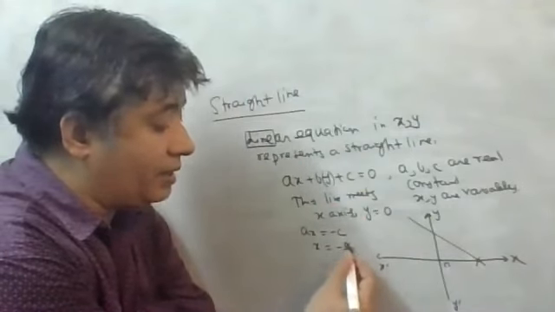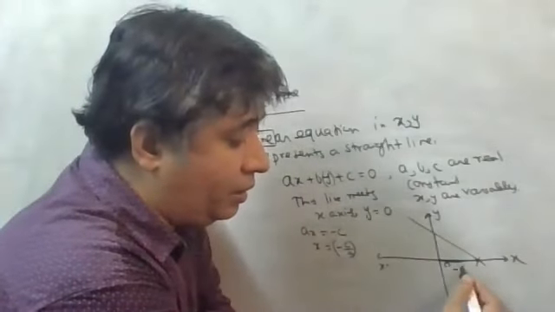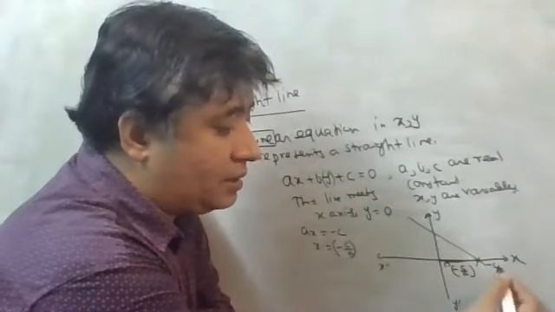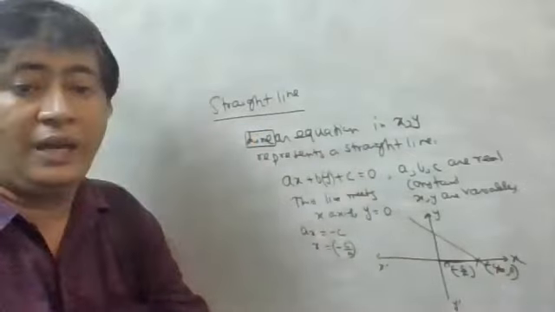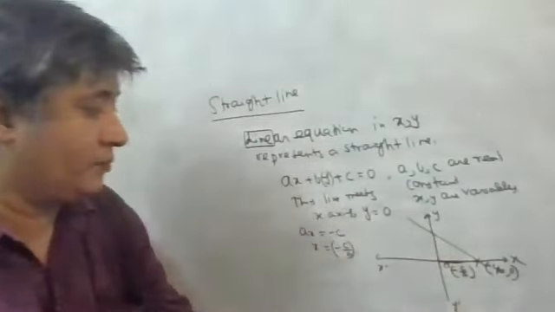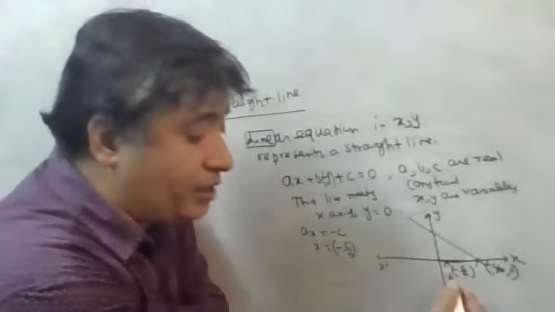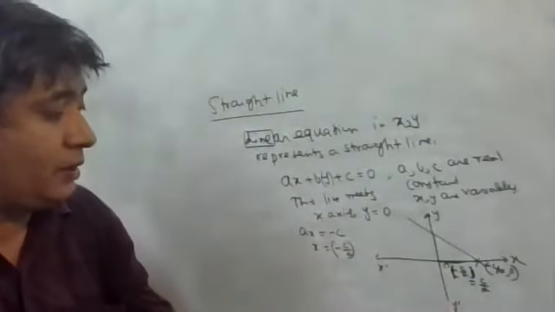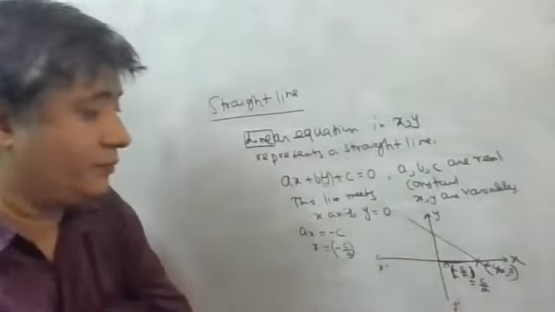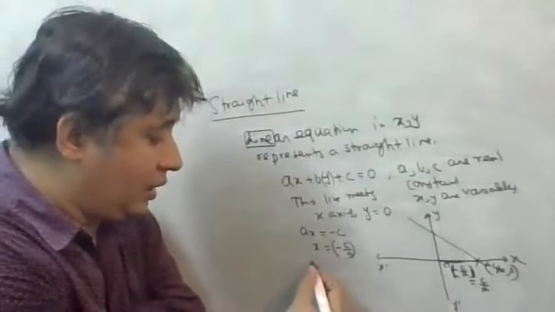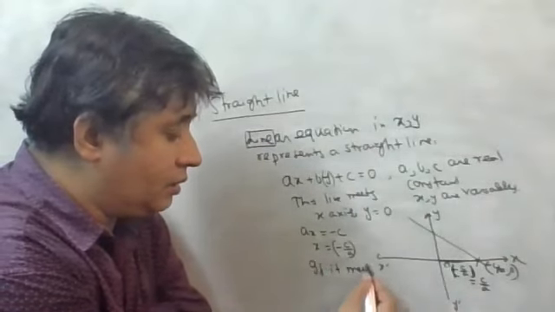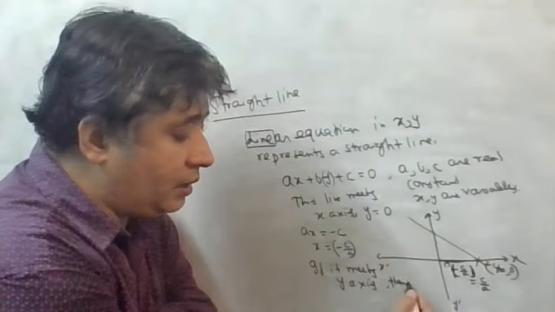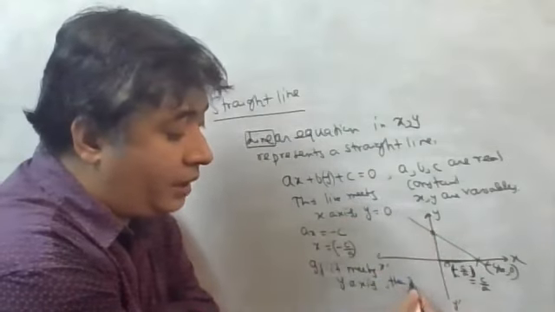So the point will be minus c by a comma 0. Now if it meets the y-axis, then at that meeting point, x will be 0.